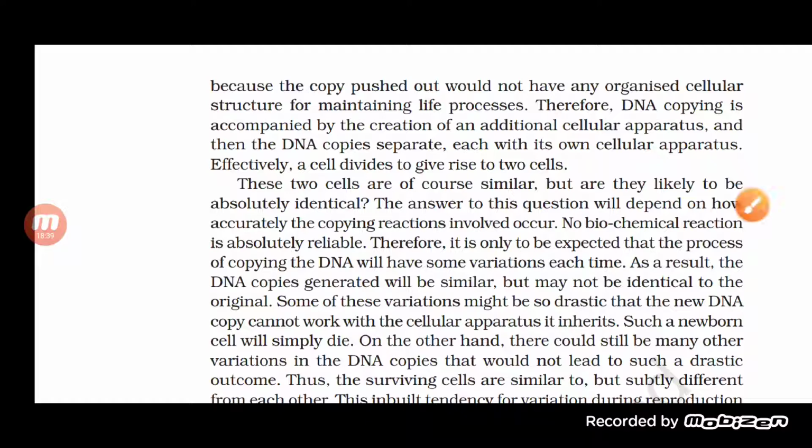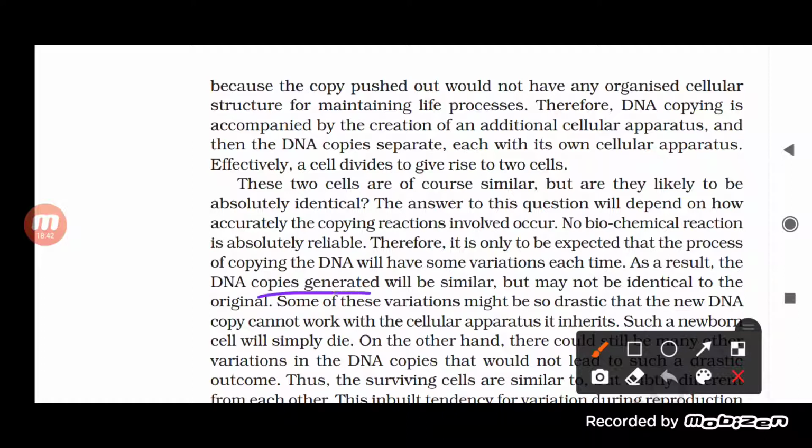Okay, so we can say here that the DNA generated will be similar but may not be identical to the original, and some of these variations might be so drastic that the new DNA copy cannot work with the cellular apparatus it inherits. So sometimes the copying of the DNA shows a lot of variation, such that the new DNA formed will not be able to work with the cellular apparatus that it inherits, and such a newborn cell will simply die.